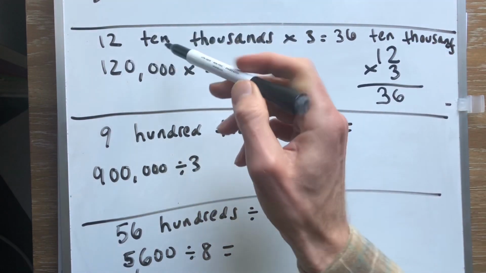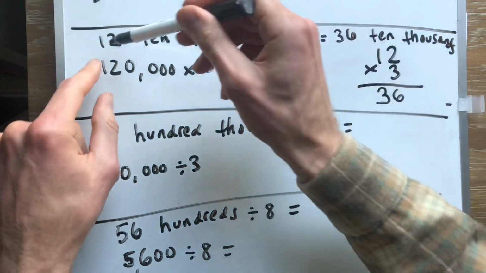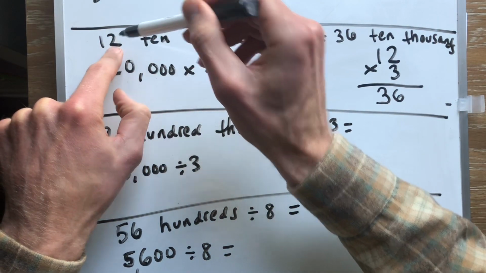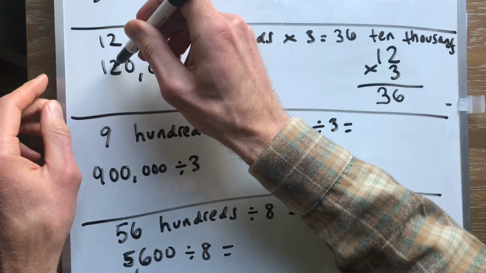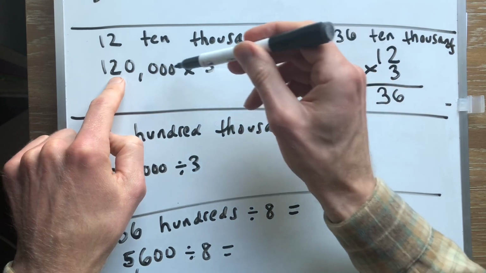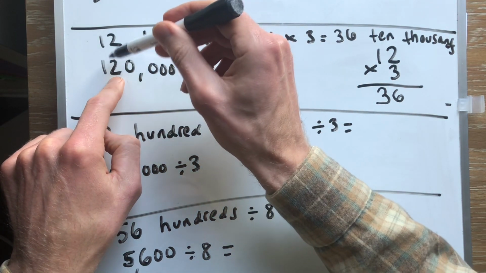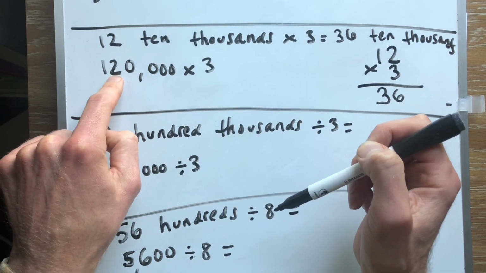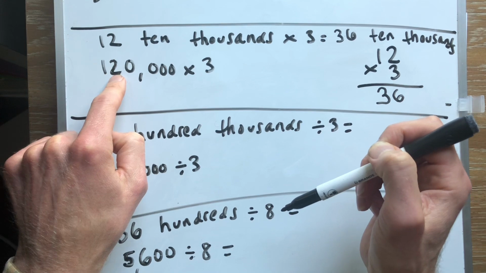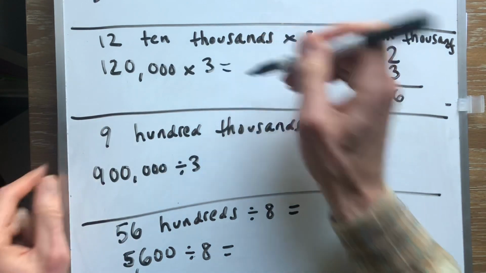So check out how you write it down. The 10,000s are tricky. The second digit, that 2, is going to be in the 10,000 spot. Let's make sure they did it right. Yeah, because ones, tens, hundreds, thousands, 10,000s. So what's 12 10,000s times 3?